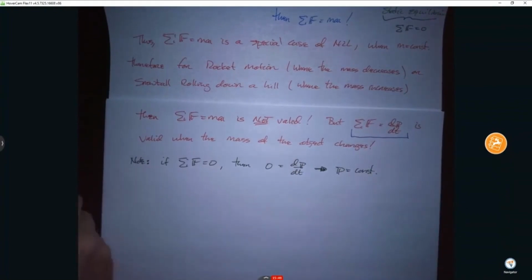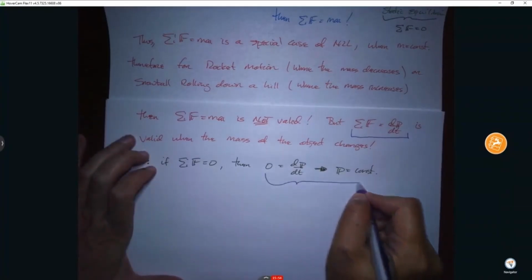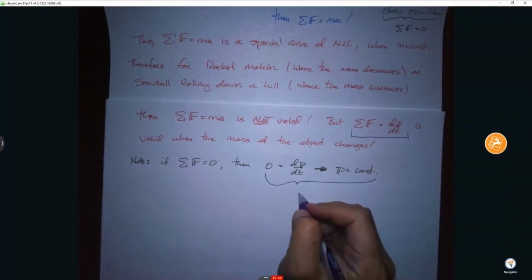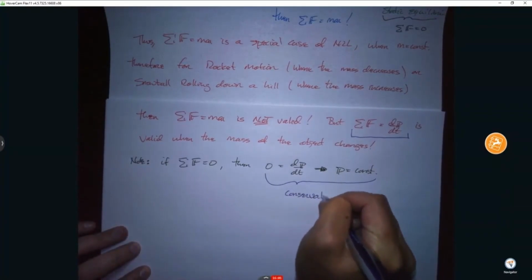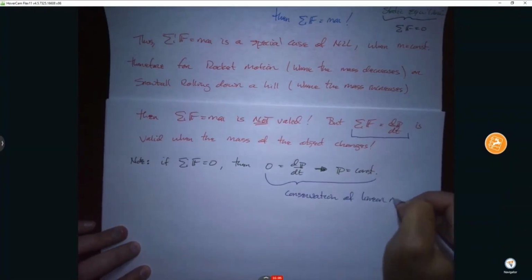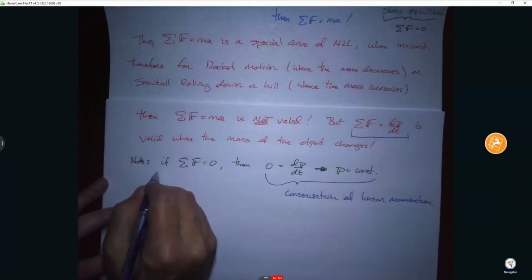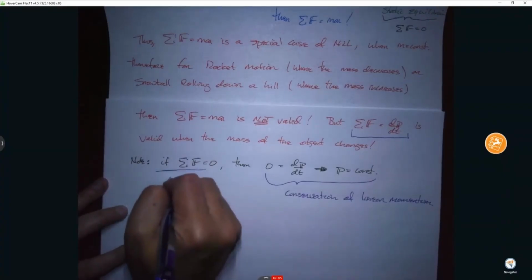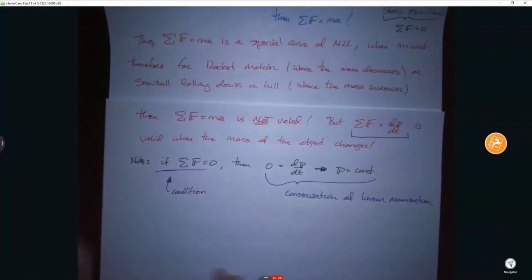This is referred to as conservation of linear momentum, and this is our condition for the momentum to be conserved.